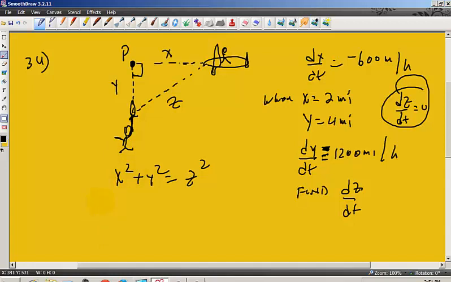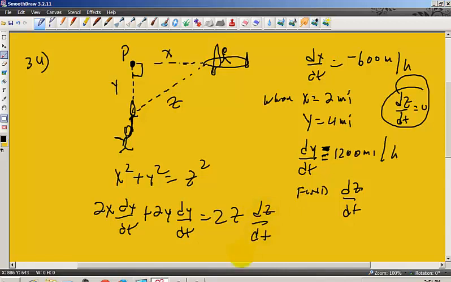Alright, I'm going to take the derivative of this. I'm going to get 2x dx/dt plus 2y dy/dt is equal to 2z dz/dt. dx/dt I got something, dy/dt I got something, dz/dt I'm trying to find. I have x and y. x is 2, y is 4.